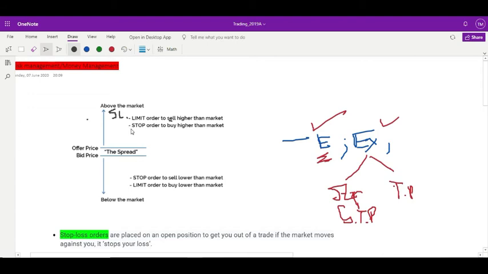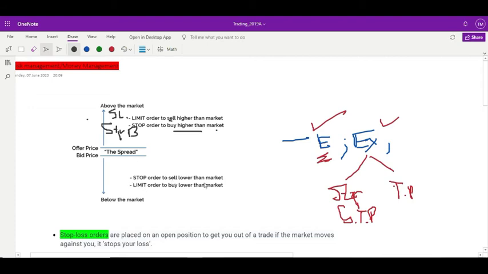It's a sell limit. Stop order to buy at a higher price, we said it's what? It's a stop buy. You place an order that is written as stop buy, because you are trying to buy at a higher price than the market.